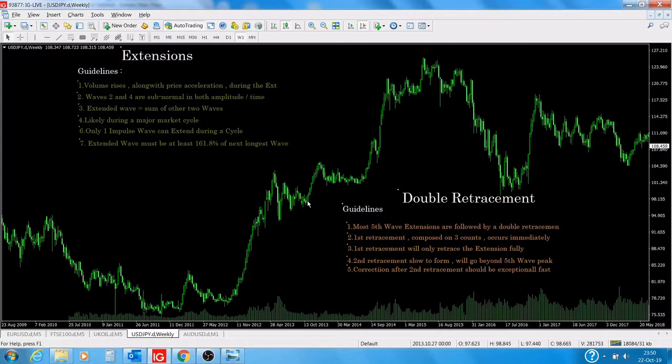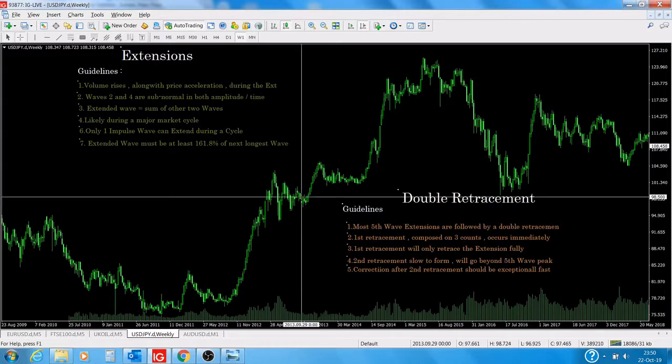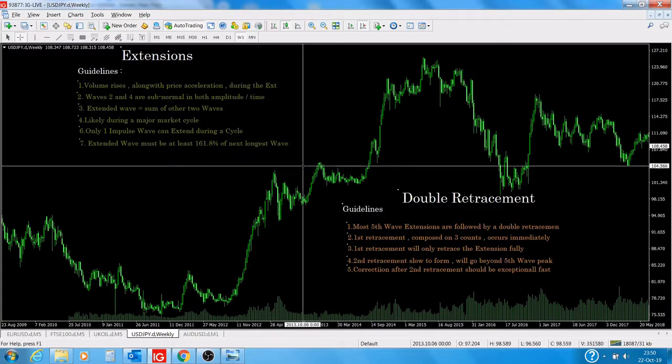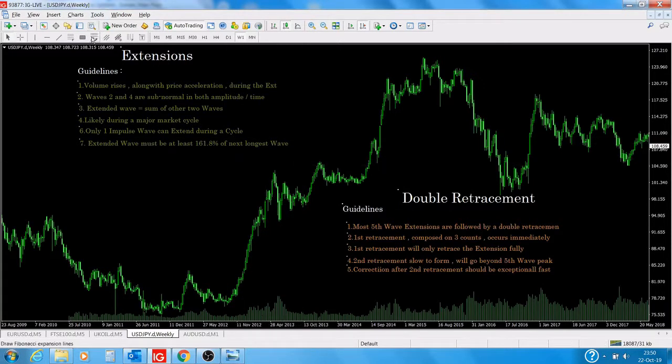In terms of the target for wave 5, the amplitude of the extended wave would typically equal the combined amplitude of the non-extending waves. So in this case wave 5 should be equal to the combined amplitude of both wave 1 and wave 3.